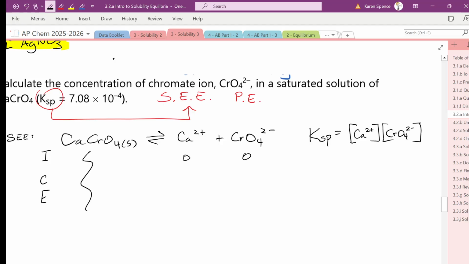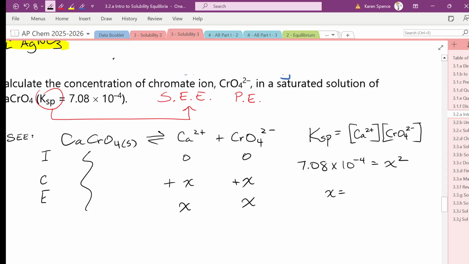By how much would it increase? Do we know how much? By X, yes. Could we solve this equation? Goodness, yes, we could. 7.08 times 10 to the negative 4 is equal to x squared.